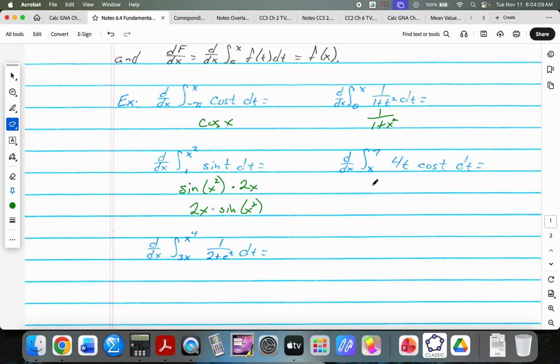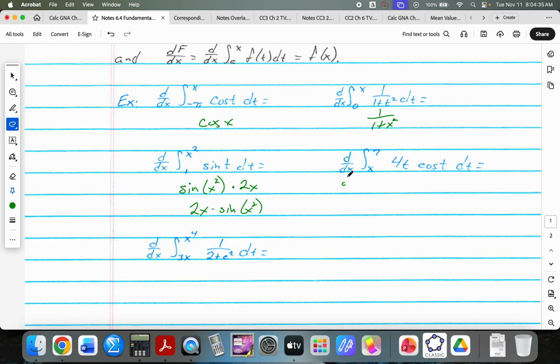All right, how is the next one different than the previous ones have been? Yeah, x is the lower limit. But when we looked at the properties of integrals, I can switch those two as long as I multiply by -1, right?